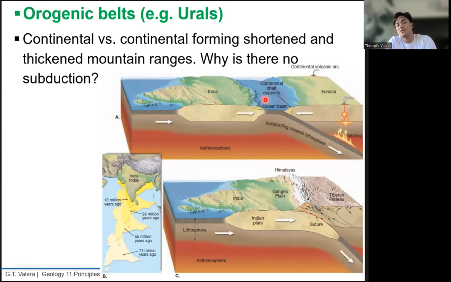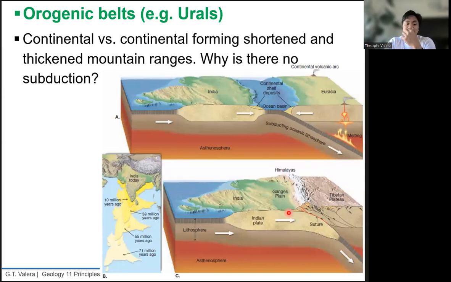And as it moved northwards, itong oceanic plate na to got consumed and resulted in volcanic islands and island arcs as well. And eventually, once the oceanic plate was consumed, you have this orogenic belt.